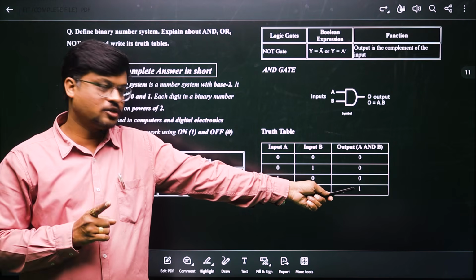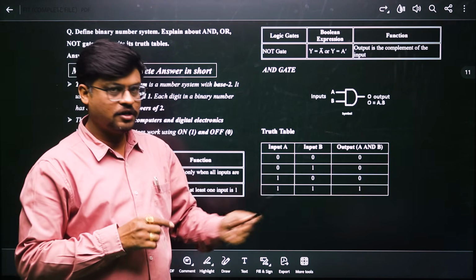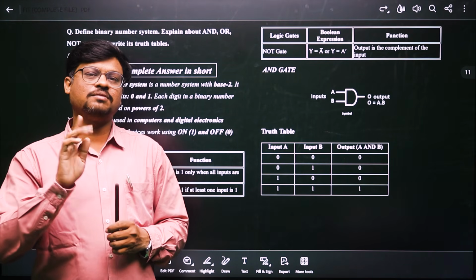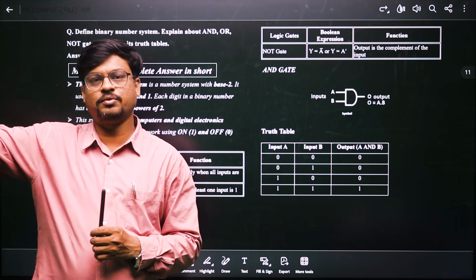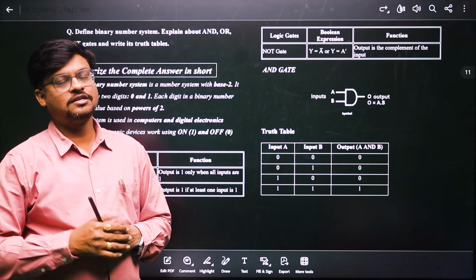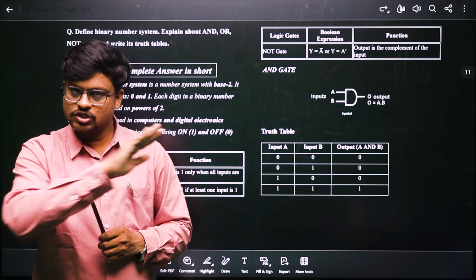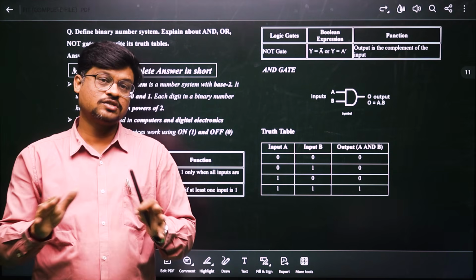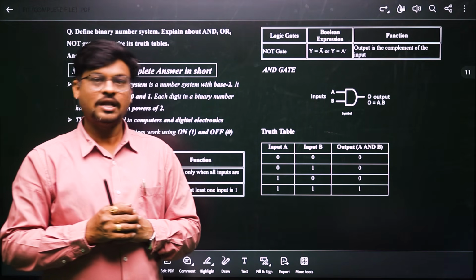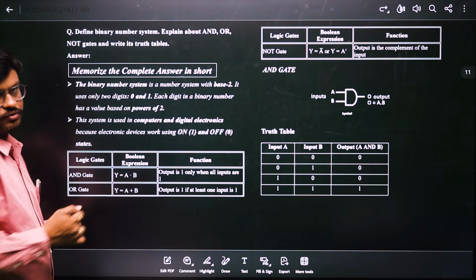There is only one possibility of true, when input A is true and input B is true. If at least one of the inputs is false, your final output is also false. That is logical AND. Logical AND says true and true is true, true and false is false, false and true is false, false and false is always false. Logical AND becomes true only when all the inputs are true.